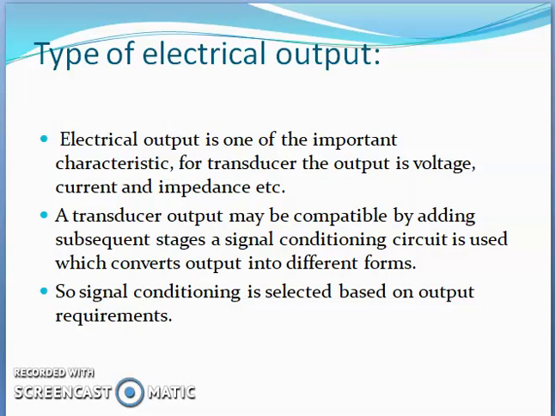Their magnitude has to be changed, or they have to be manipulated or changed in their format by signal conditioning. So signal conditioning is selected based upon the output requirement. The type of electrical output affects the output characteristics of the transducer, that is, what type of output the transducer is generating or producing.